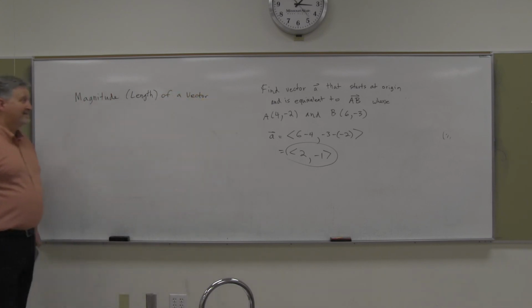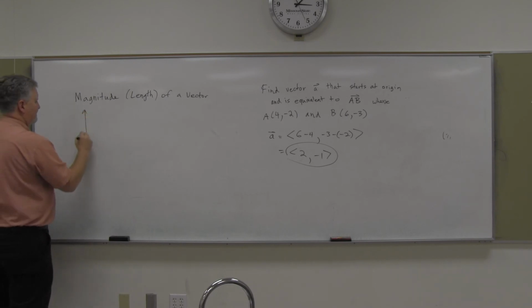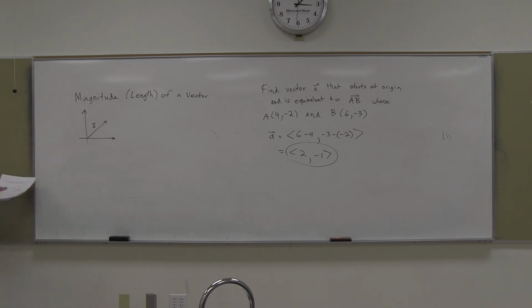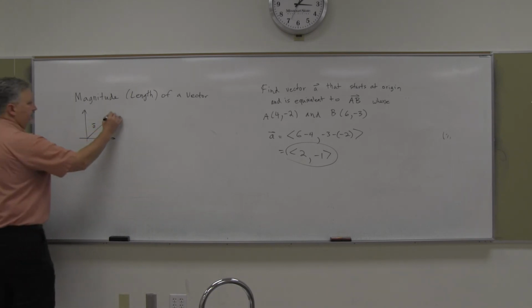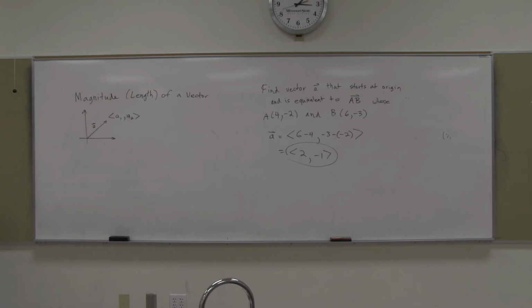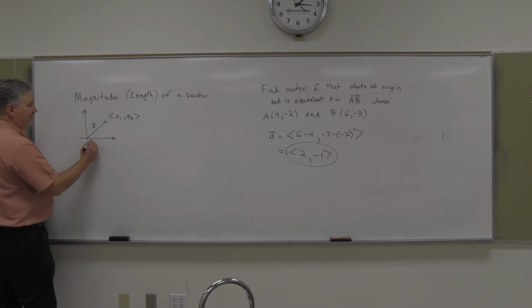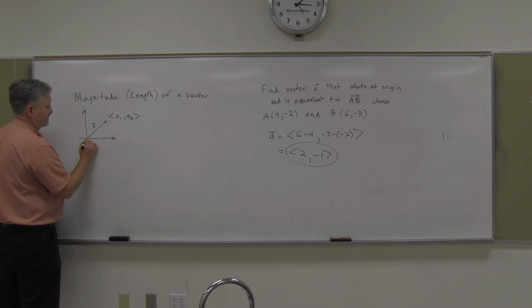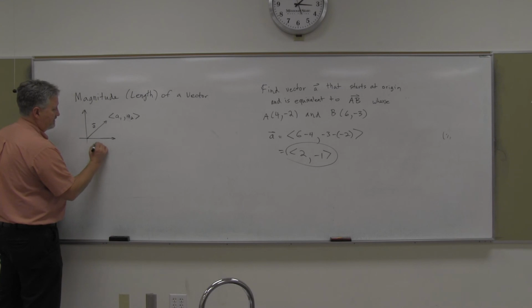Well, the good news is, if we look at this vector A with components A1, A2, from the geometric sense, for 2 dimensions anyway, A1 is just this distance here, A2 would be this distance.